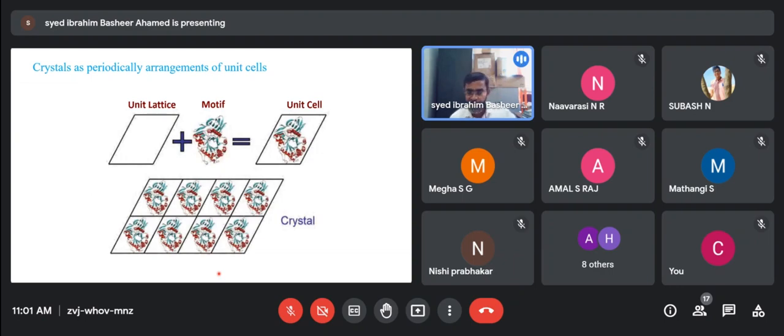So if you have one molecule in a unit cell, that unit cell will be repeated a number of times, just like this. Here you can see the same unit cell is repeated throughout the protein.